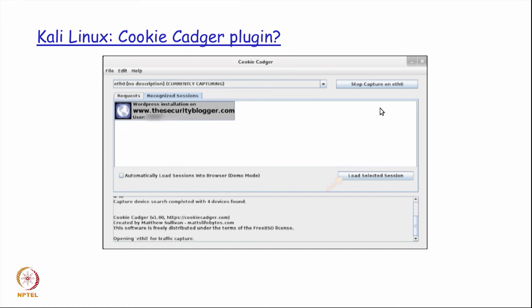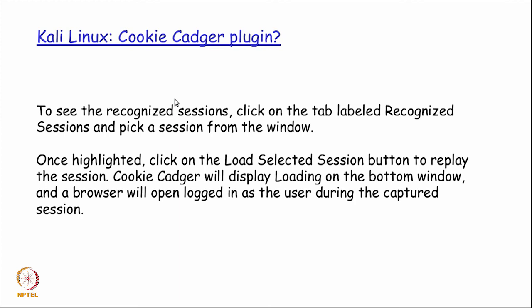Once I say I want to load this captured session, it will load the selected session and display it for me. It also has a tab called recognized sessions, which contains the details of each and every session that has been recognized individually by this cookie catcher plugin, right.